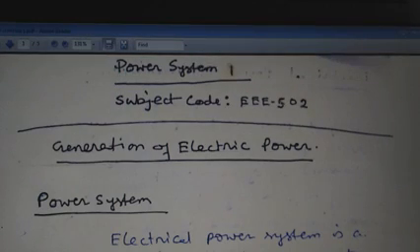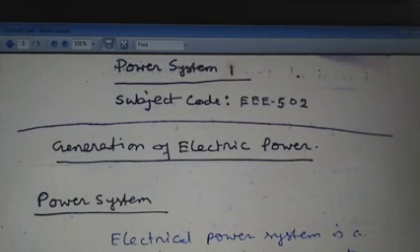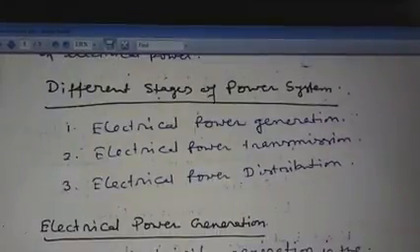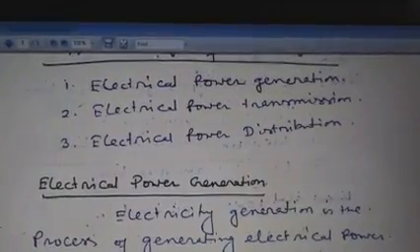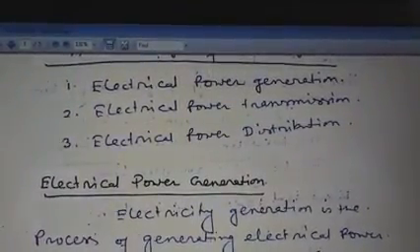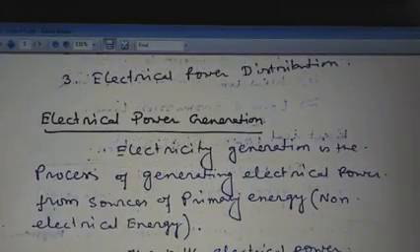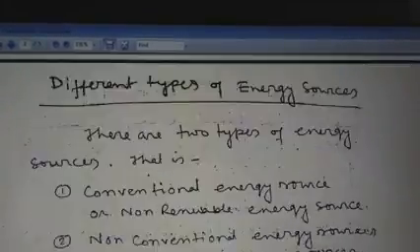Generally, non-electrical energy sources are of 2 types. The first one is the conventional energy source, and the second one is the non-conventional energy source or renewable energy source. Now what is a conventional energy source?